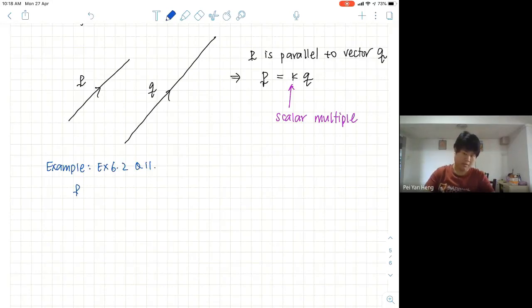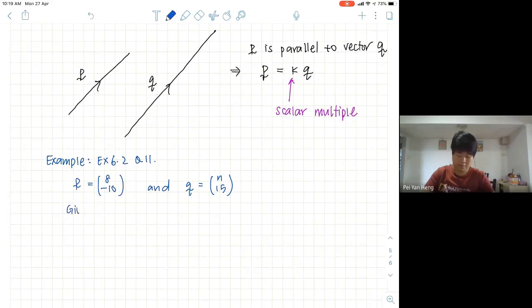Vector P is (8, negative 10), and Q equals (n, 15). You are given that P and Q are parallel. Find the value of n.